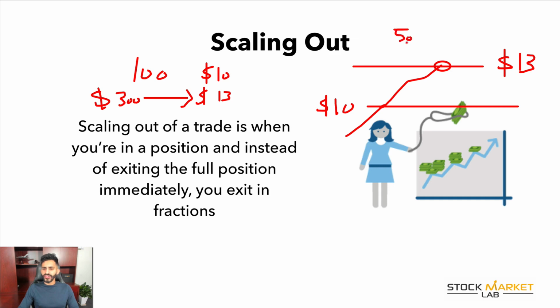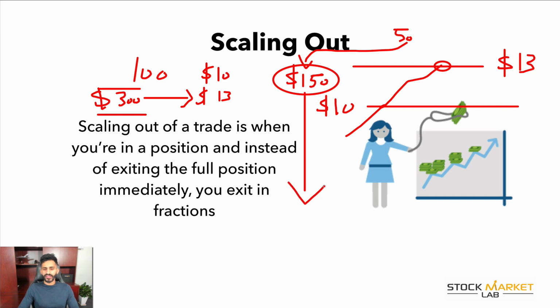By selling 50 shares, I locked in profit, because remember, the profit you see on your screen is not your profit until you hit sell, until you are out of a trade. So if you see 300 on your P&L and you still have an open position, you have not made 300 yet. But by selling 50 shares, you have now locked in $150 profit. You have recognized $150 as your profit.